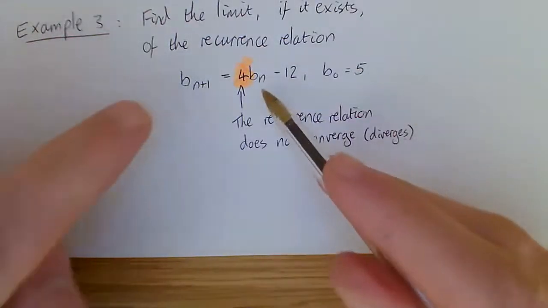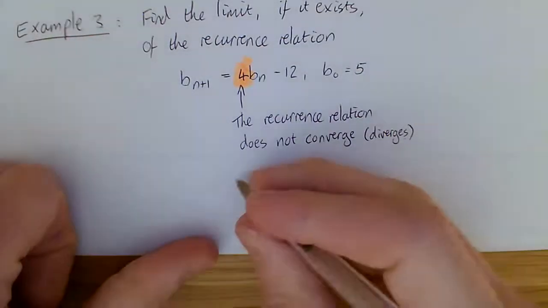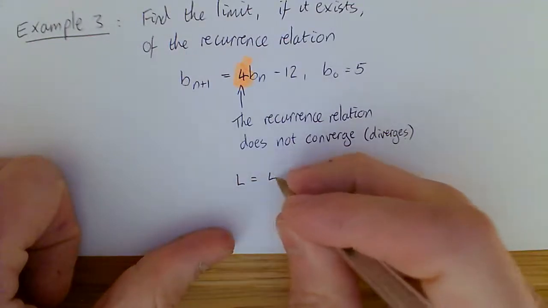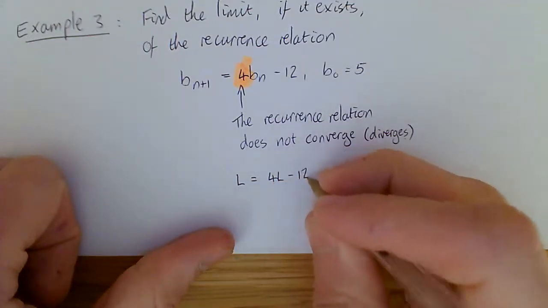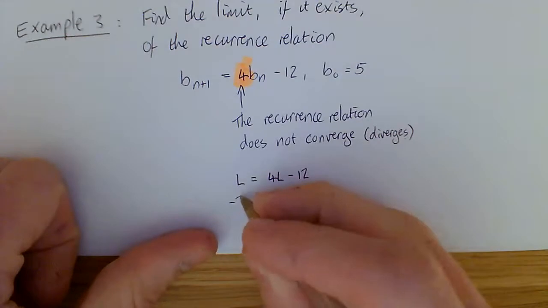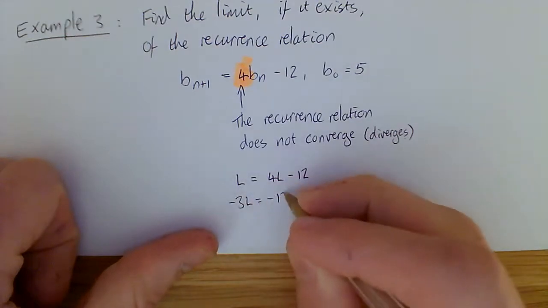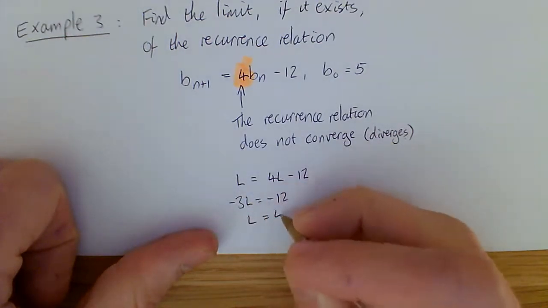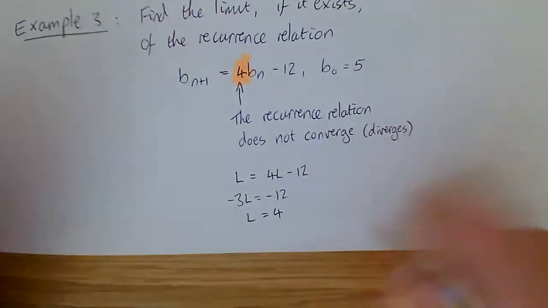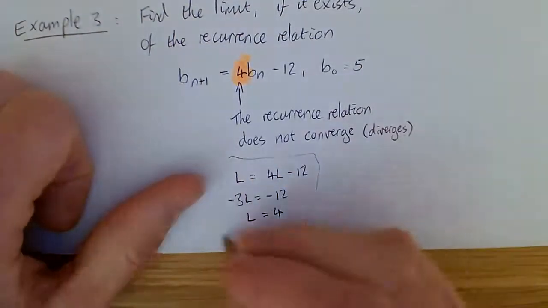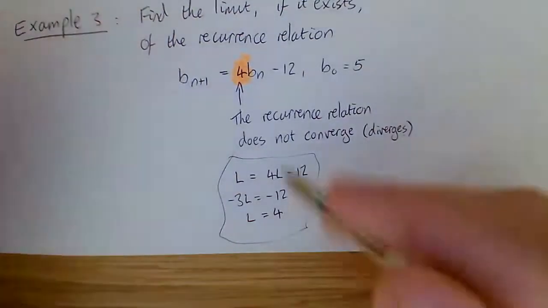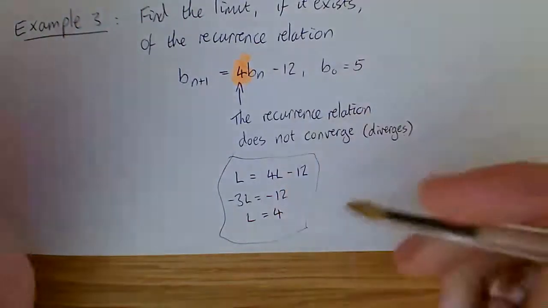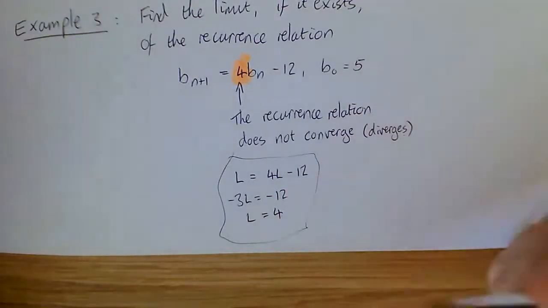Now, I warn you, because if you have L equals 4L minus 12, you can solve that. You get minus 3L equals minus 12, L equals 4. This maths doesn't fail even when that value is bigger than 1. But this is not a limit.